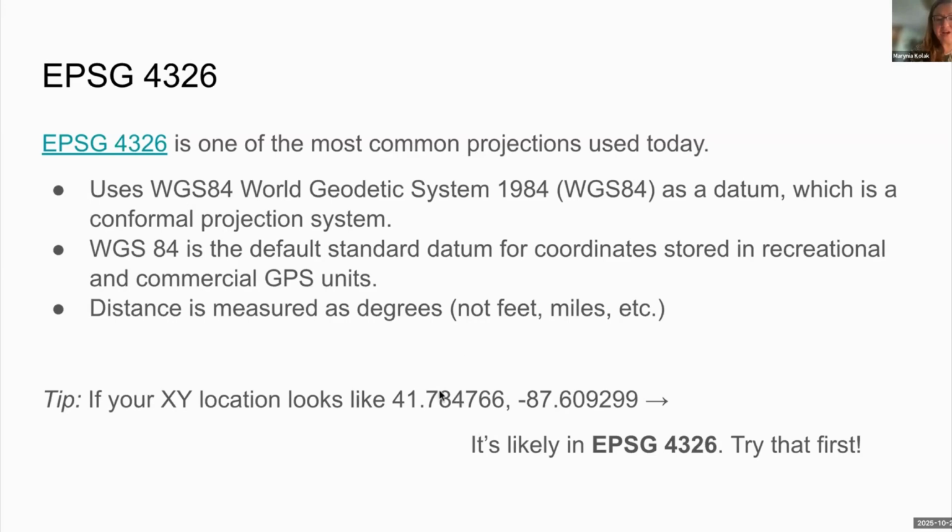The distance is in degrees, not feet, not miles. So you can't just take the 2 points and get the shortest distance between them, because that will be the distance in degrees, which is a completely different metric than feet, miles, meters, kilometers, and so on.